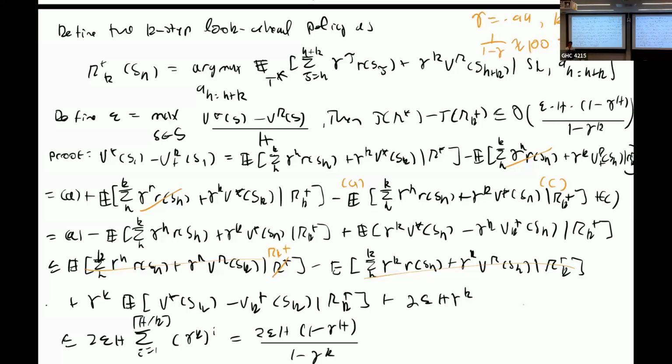Could it be treated as dividing the right term by h to get a new epsilon? It seems that 1 minus gamma to the h over 1 minus gamma to the k is less than 1, so I have a smaller epsilon. Yeah, the question is basically how much smaller the epsilon is as a function of the number of steps of look-ahead that I do. Other questions?